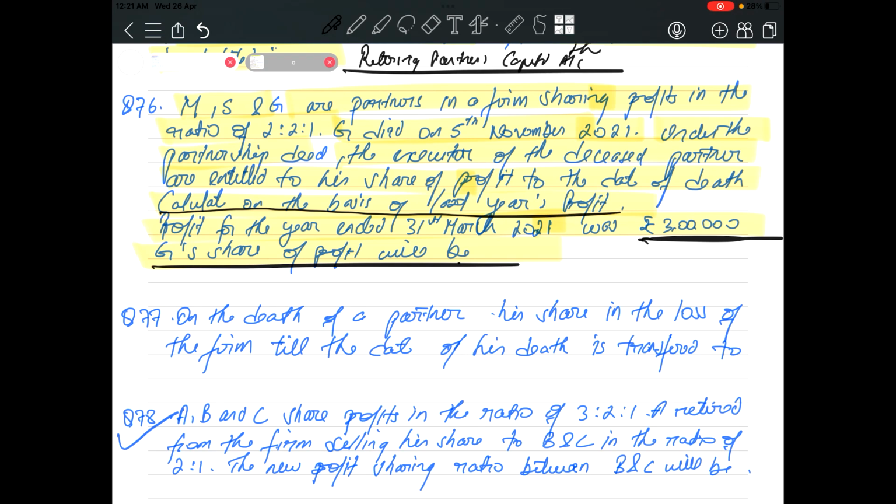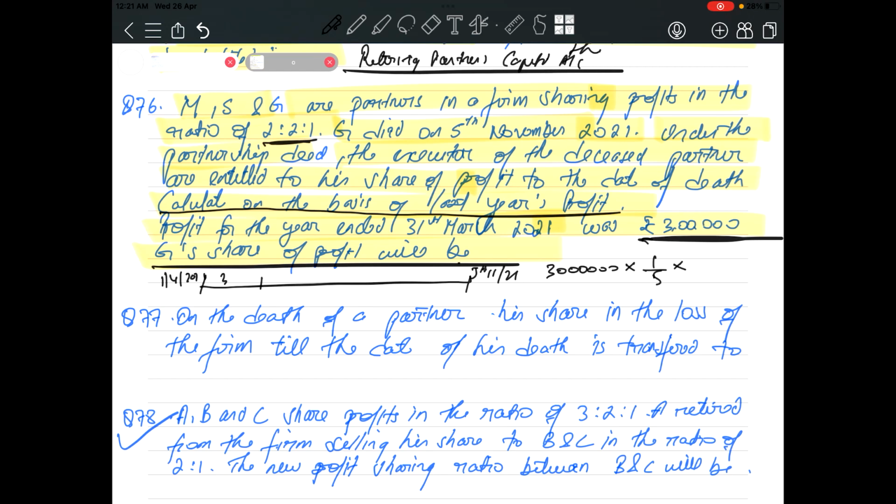Simple. What will be the answer? Let's solve it here only. 3 lakh into how much? What is the ratio? 2:2:1, so 1/5 into, now see, balance sheet date first for 2021. G died on 5th 11/21. Now you have to count the days.